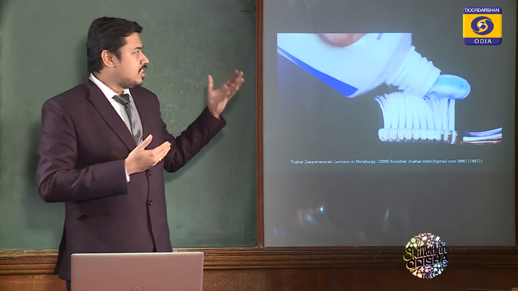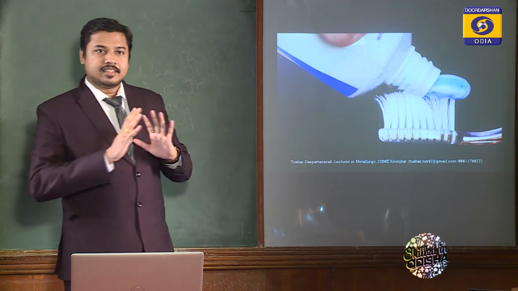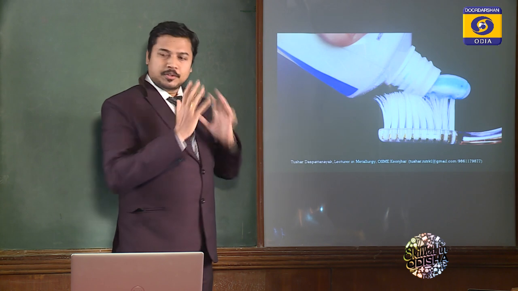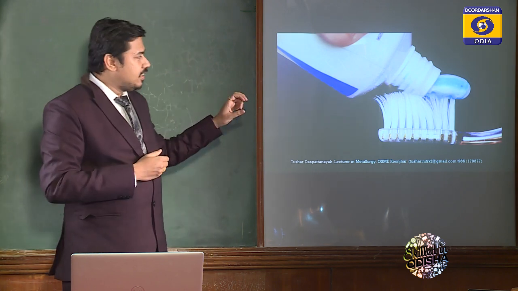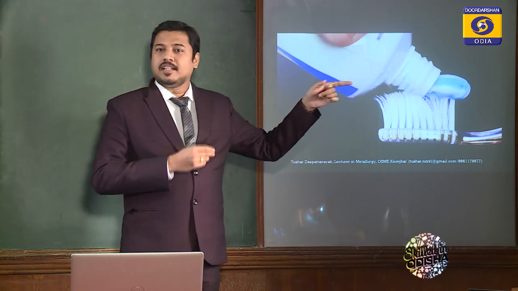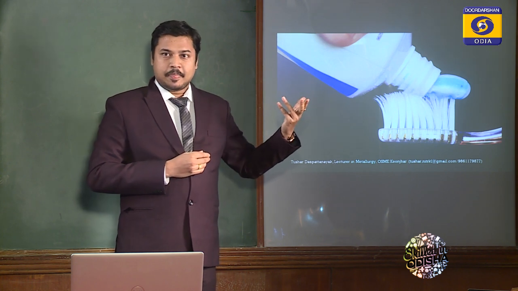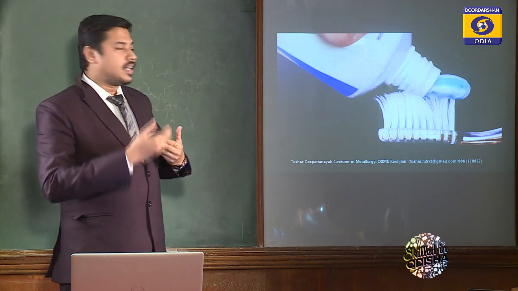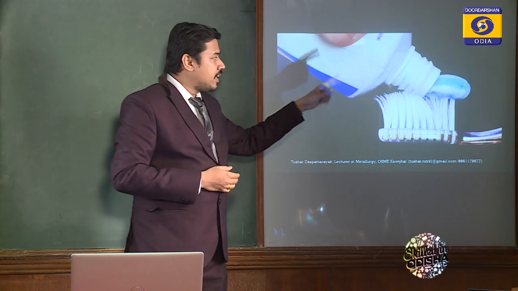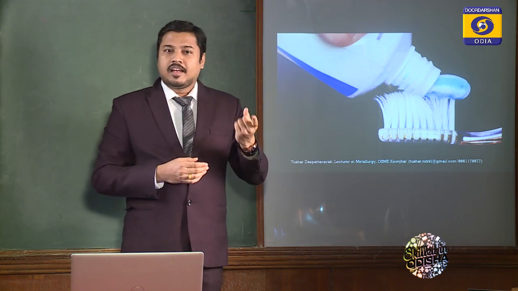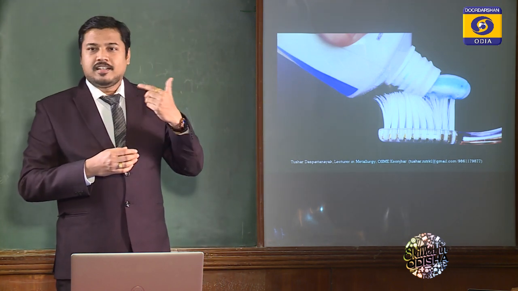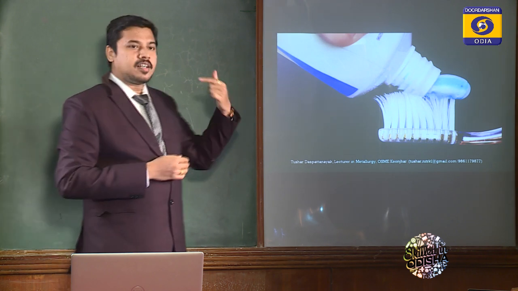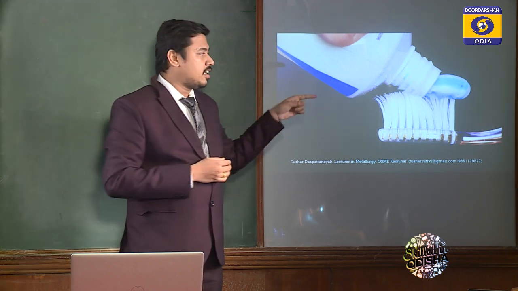If I apply pressure or force from the back side, the metal will come out from the front end, in the shape of the opening. If the opening shape is circular or cylindrical, the product will be cylindrical. If it is rectangular, the product will be rectangular. Isn't it?